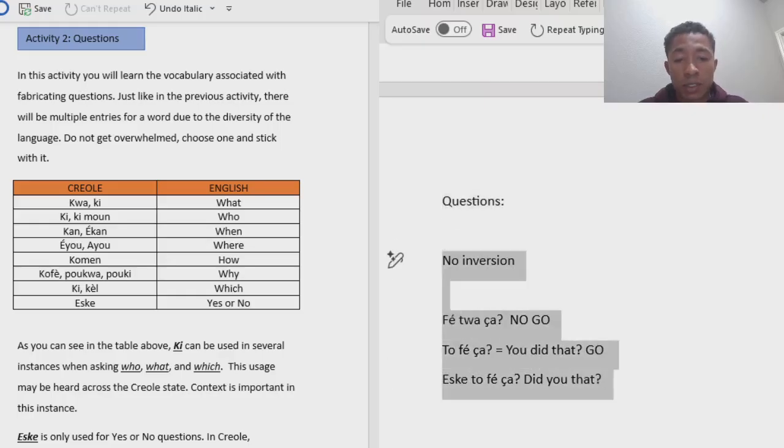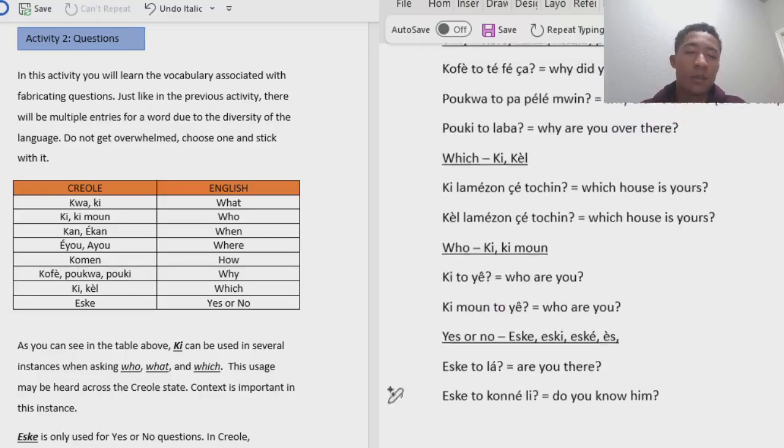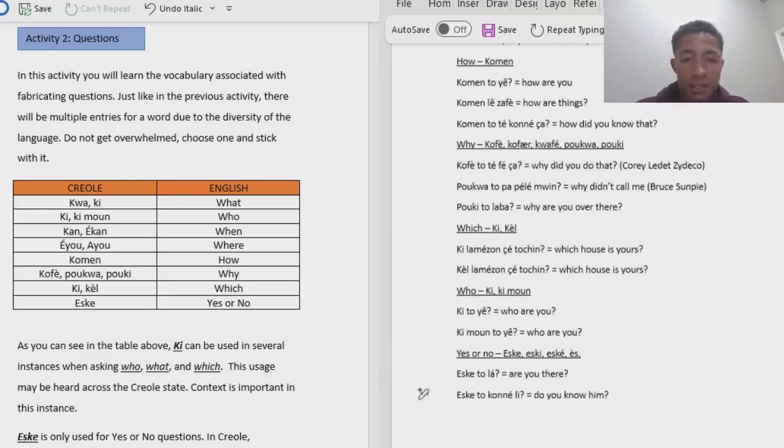So remember, in Creole, you cannot invert your question, whereas in French, you can. Not really Louisiana French, we don't do that. Alright, now let's practice.